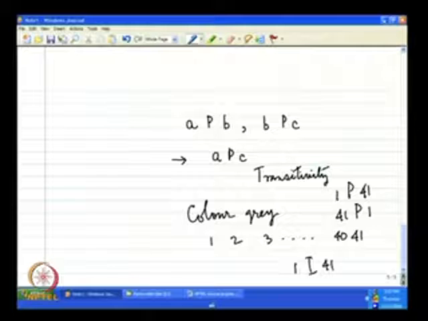If transitivity had been followed, the person should have told us that he is indifferent between the first shade and the 41st shade, because he is indifferent between 1 and 2, between 2 and 3, etc., and between 40 and 41. So he should have been indifferent between 1 and 41 also, but he is not, because now he can make a distinction between 1 and 41, and hence he says that I like 1 or maybe I like 41. So there are many cases where the theory of rational choice is not that foolproof. There are many exceptions.